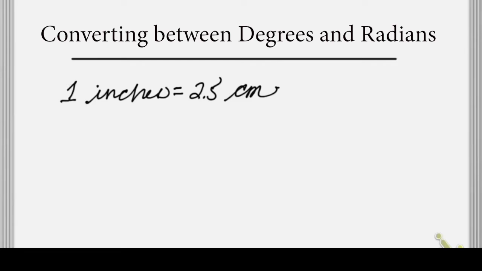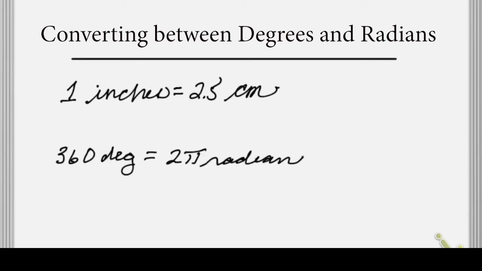Likewise, I can set up a relationship between degrees and radians. There are 360 degrees in 2 pi radians. And hopefully that 2 pi should be something that you feel familiar with. Remember when you learned that the circumference of a circle is equal to 2 pi r.